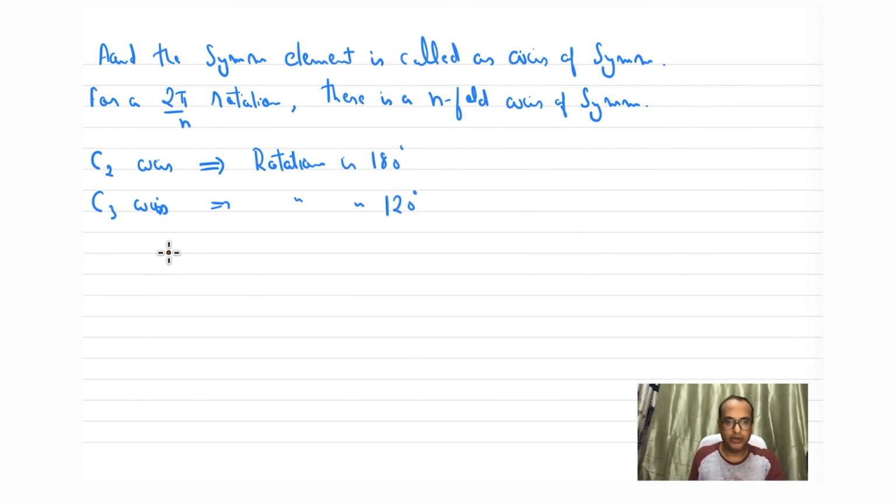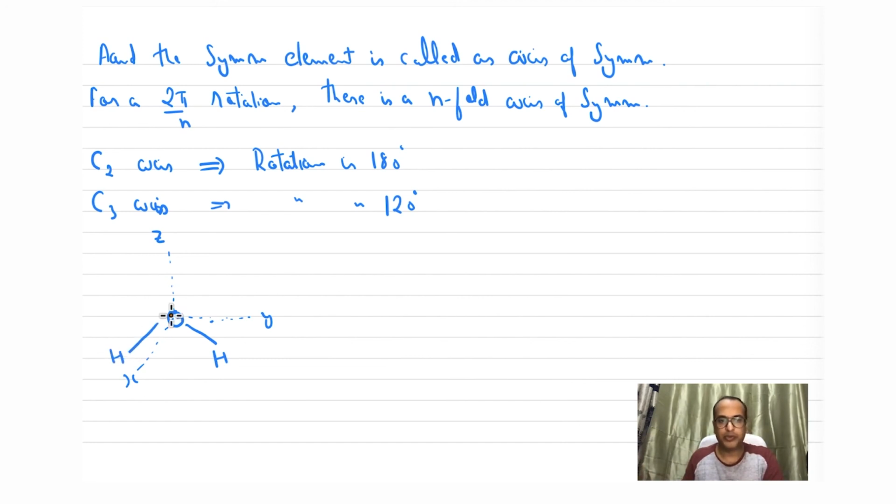So let us now take an example. Let's draw a right-handed coordinate system x, y, z. Now let me draw a water molecule. While drawing it, I will place oxygen at the origin, and the two hydrogens in the YZ plane.